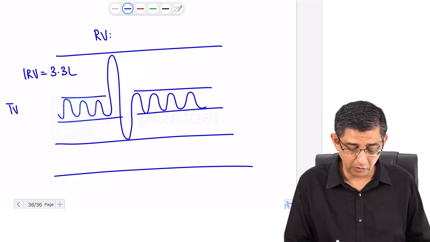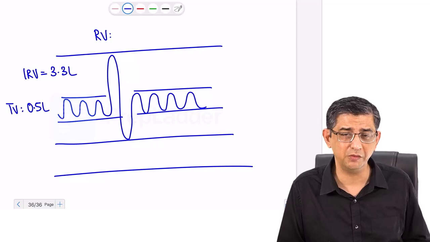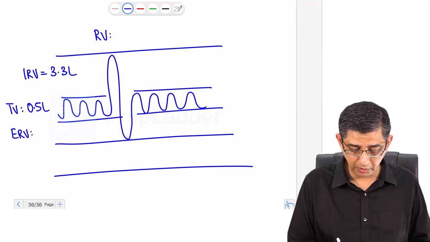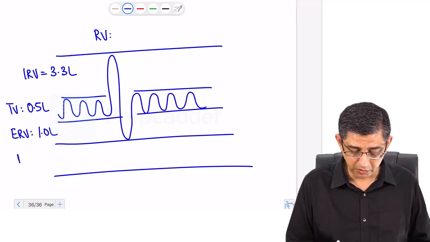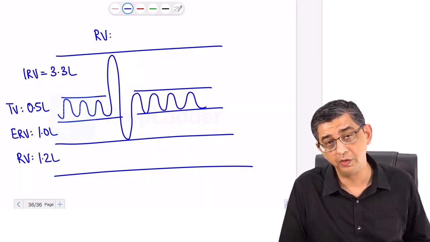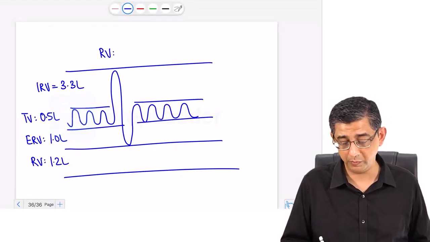The tidal volume is the normal air going in and out of the lungs, that would be half a liter, and obviously you need to subtract 150 ml for the dead space. The expiratory reserve volume will be to the tune of 1 liter, and residual volume, well, our lungs never become empty, would be to the tune of 1.2 liters.